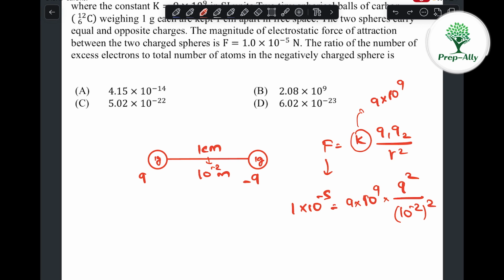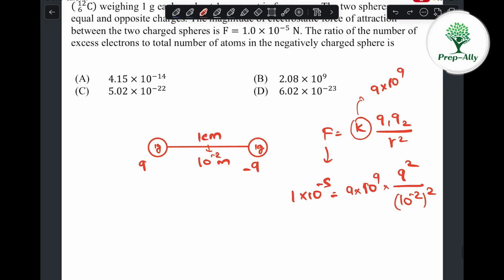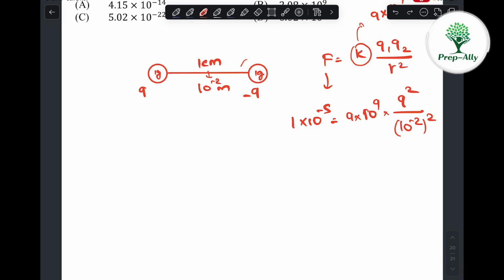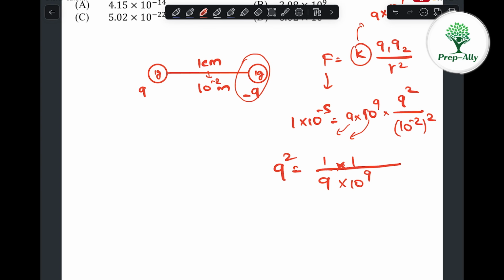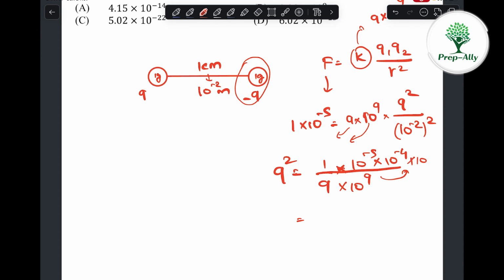And the total number of atoms in the negatively charged sphere. One of them is negatively charged, and you have to calculate this. First, calculate the charge. What is Q? Q square: you take this 9 here, it will become 1 by 9. If you take this 10 power 9 down, along with 10 power minus 5, and take 10 power minus 4 up, you get 10 power minus 9 again.